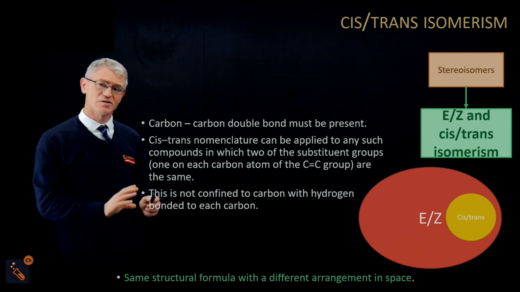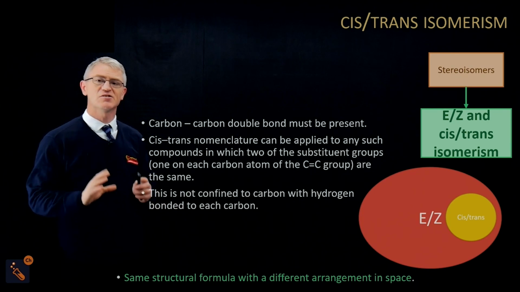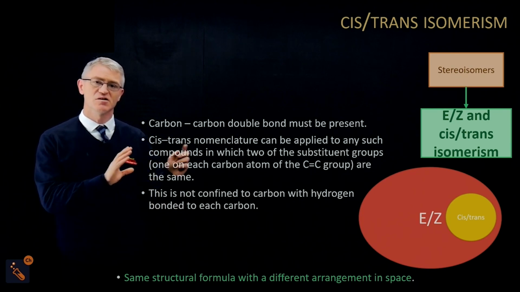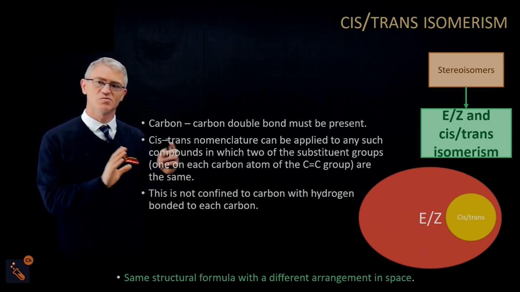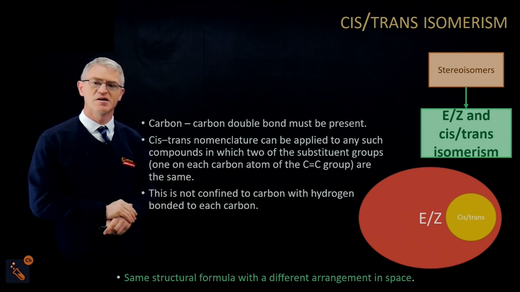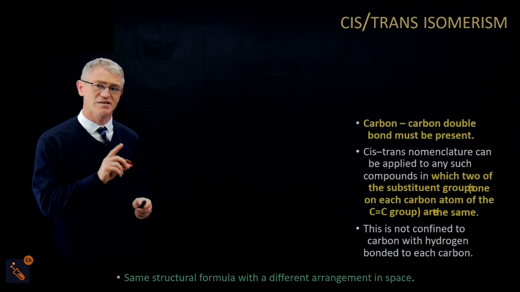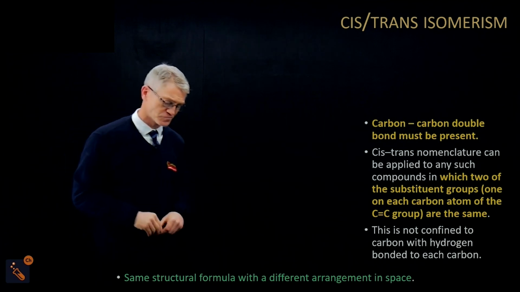But it is not confined to carbon with hydrogen bonded to each atom. Like I've said, it could be with 2 hydrogens, 1 on each atom. It could be with 2 fluorines, 2 OHs, 2 chlorines and things like that. But it's much easier to talk about this if you actually look at the examples, and that's what we're going to do now.